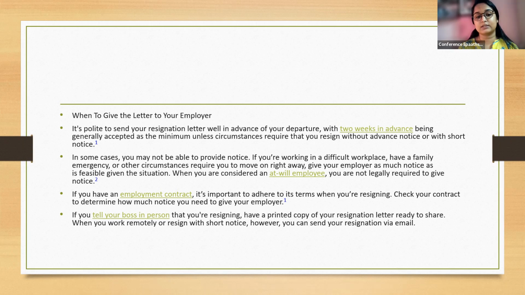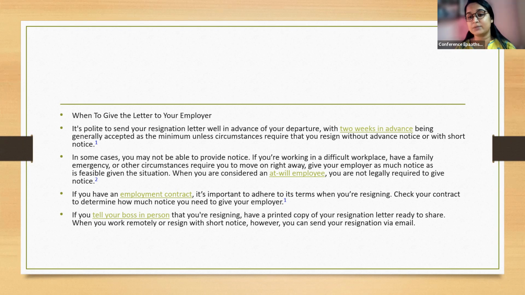And if you have an employee contract, some companies have a contract that you cannot leave the job before 1 year. In that case, you cannot resign. You have to first read your terms and conditions, then you can resign.